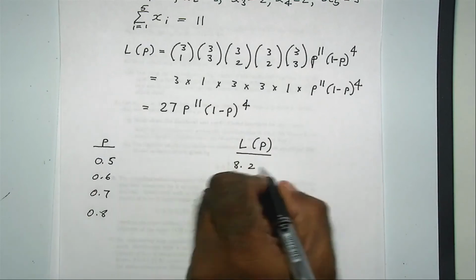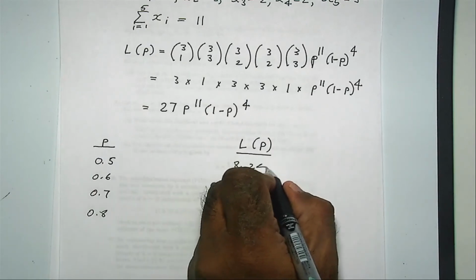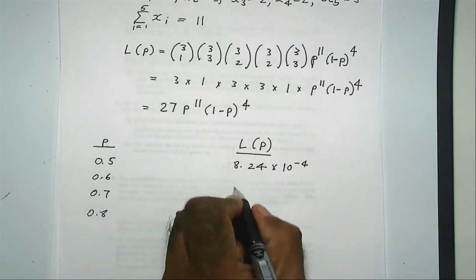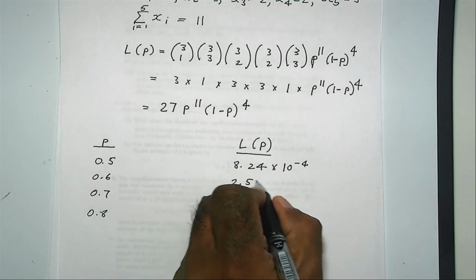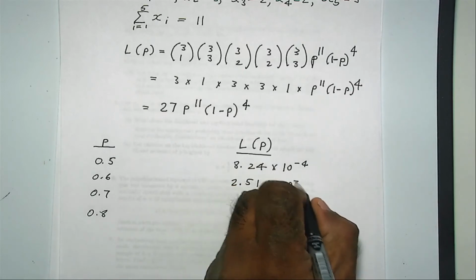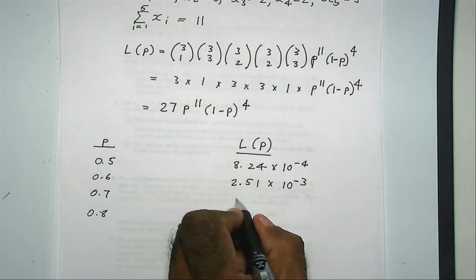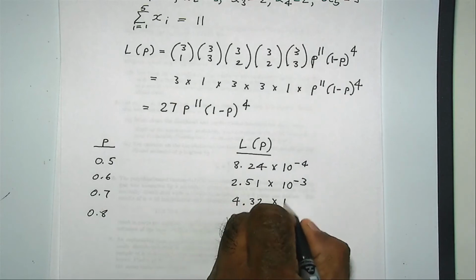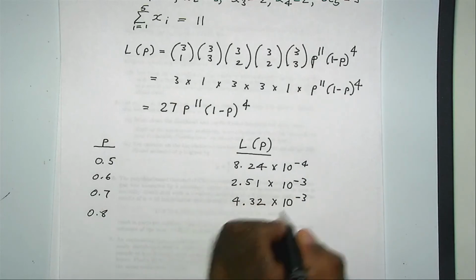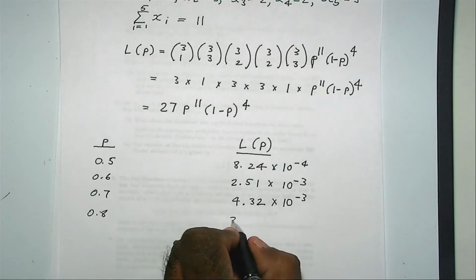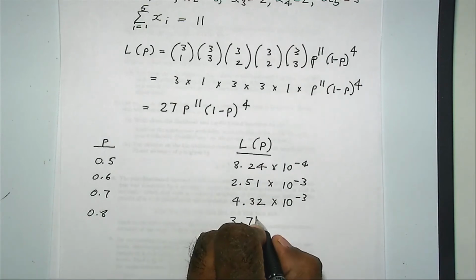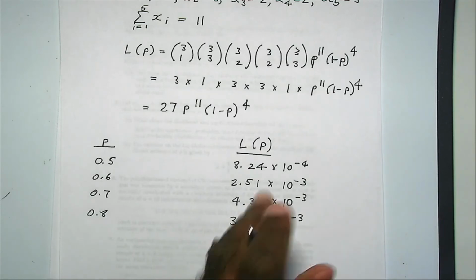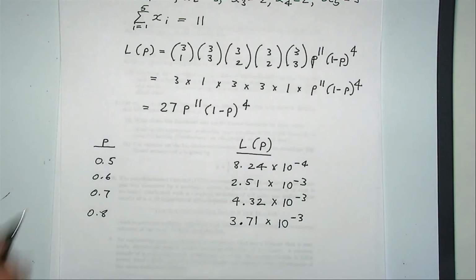When p is 0.5, you get 8.24 times 10 to the power minus 4. For 0.6, you get, 0.7 you get, and for 0.8 you get 3. So these are the likelihood values for the 4 different values of p.